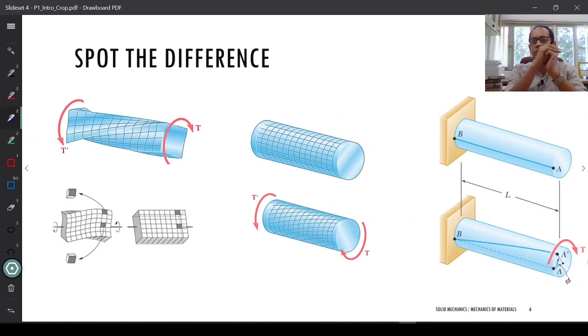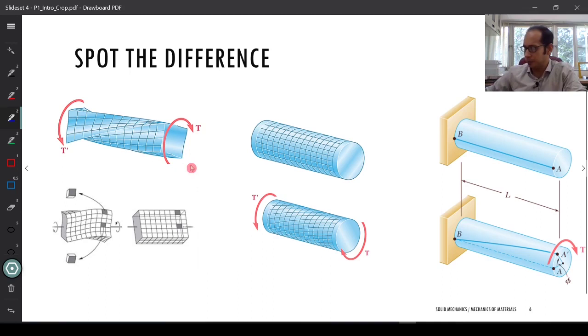Now a key difference between circular members and non-circular members, and why on a basic course of solid mechanics we study circular members, is this: we just saw that points on the circumference move along the same circumference. But if you are looking at a rectangular member, a non-circular cross section and a completely solid member, when you're applying the torque, the torsion force, there is a particular phenomenon which happens.